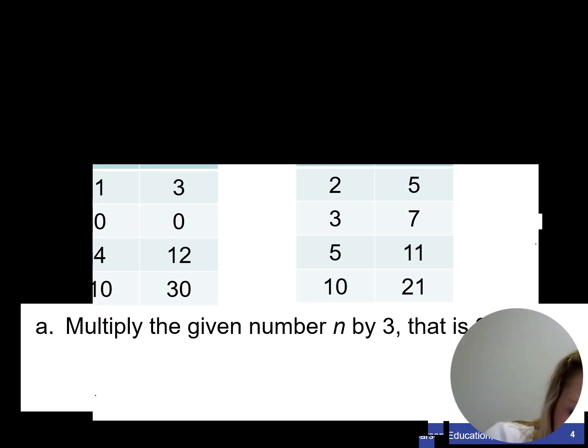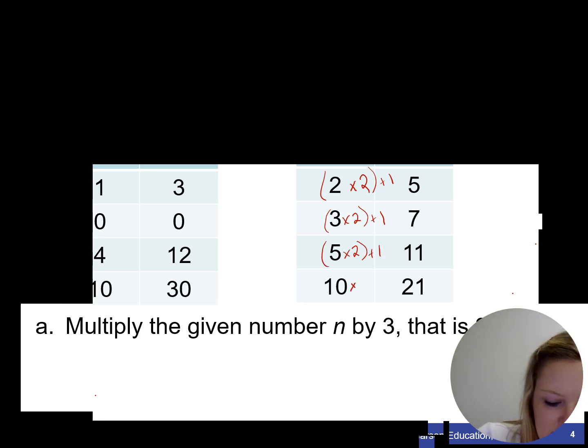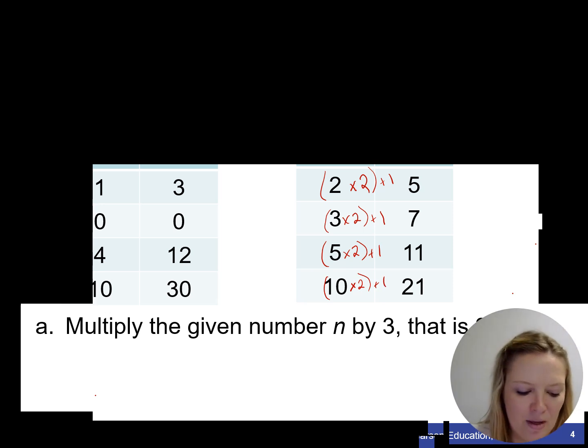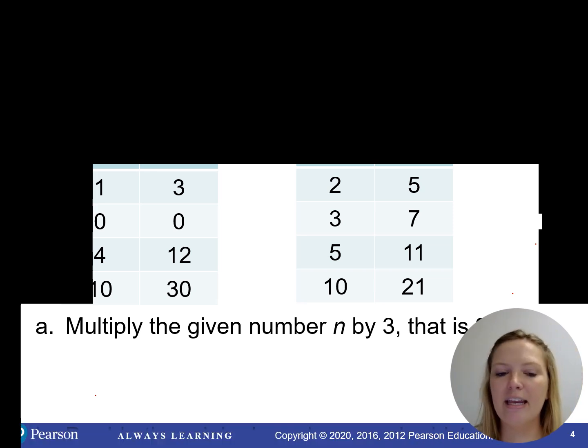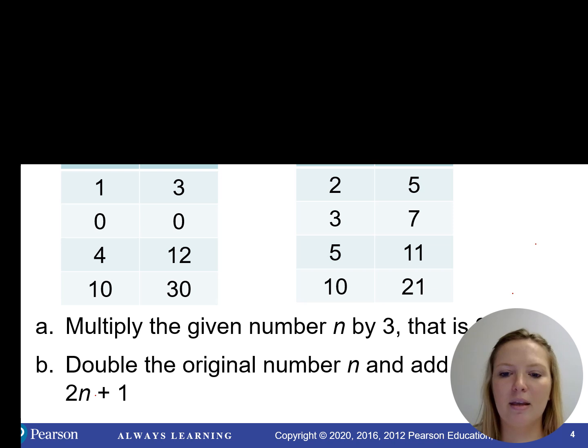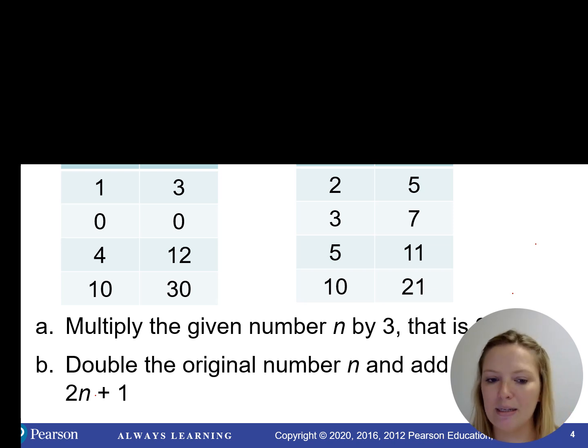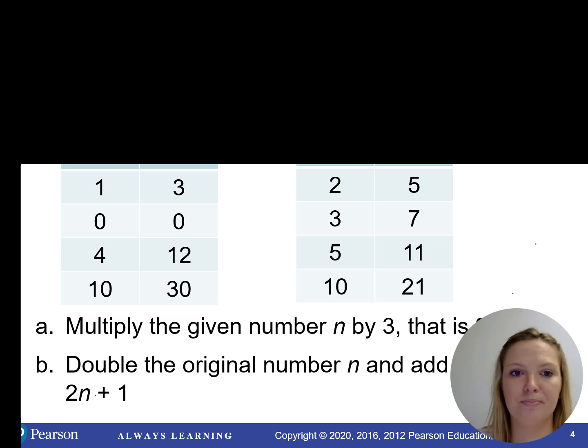So what if I were to multiply by 2 and then add 1 every time? 5 times 2 is 10, plus 1 gives me 11, great. 10 times 2 is 20, plus 1, great, gives me 21. So that rule is going to give us multiply by 2, then add 1. So if we have n, we would get n times 2, so 2n plus 1 gives us our rule.